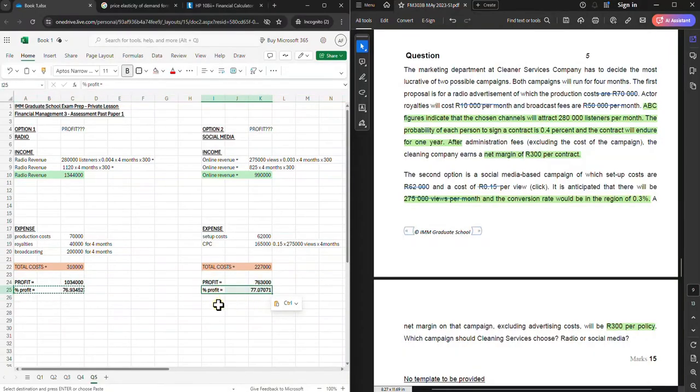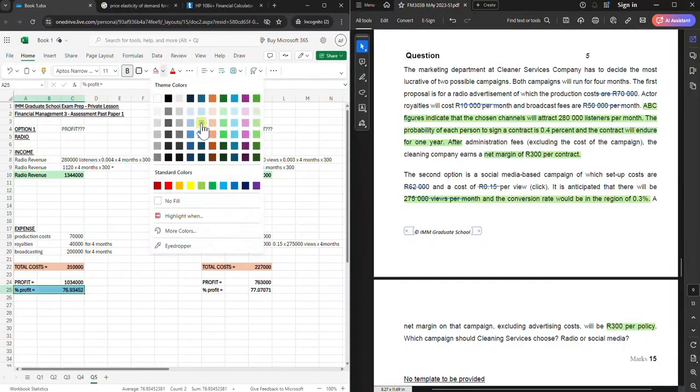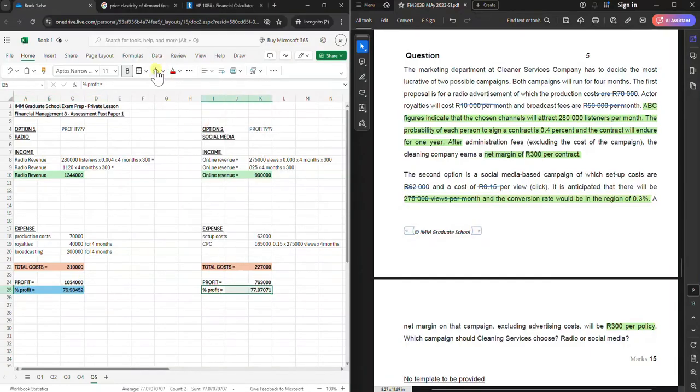But you get a million rand profit on the radio, and you get 763,000 rand profit on social media. But remember, you're spending more on radio. But that's profit after expenses. Yes, but that's why you have to look at the margin or the markup, because this is not apples and apples.